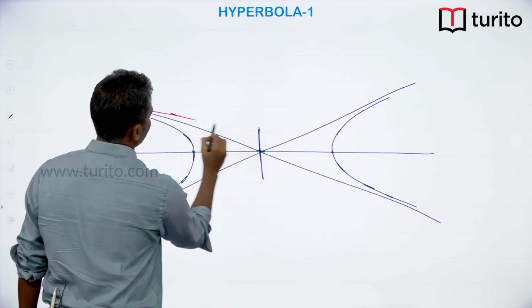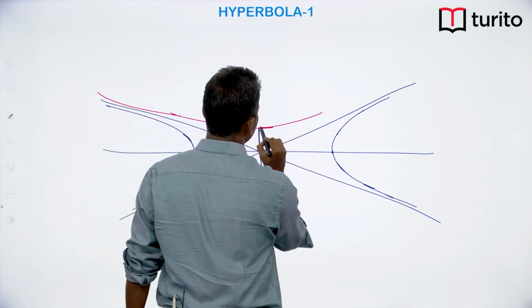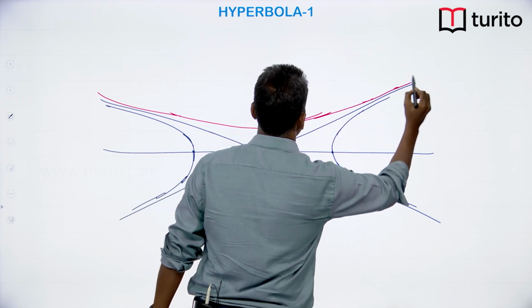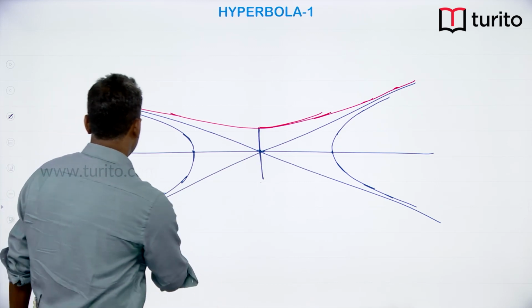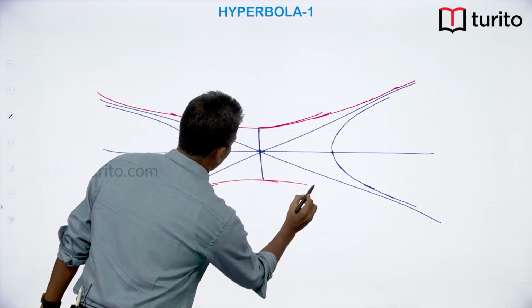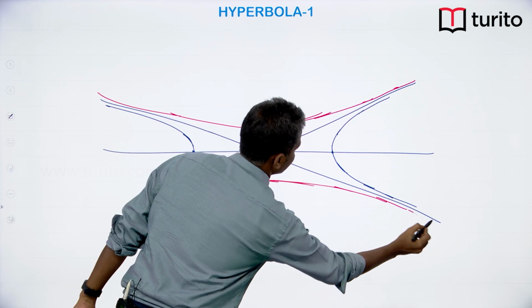So, if I draw another hyperbola having this axis as the transverse axis and the transverse as the conjugate axis, the hyperbola will look like this.